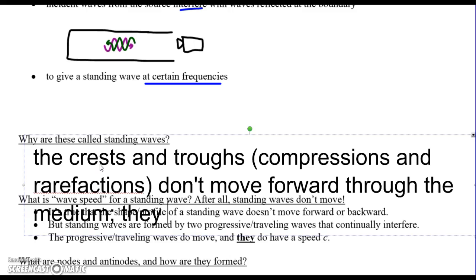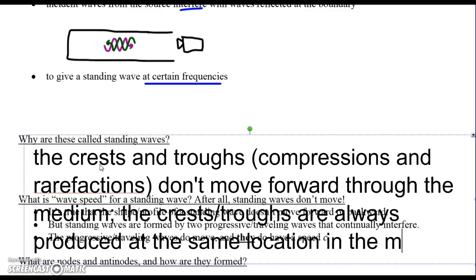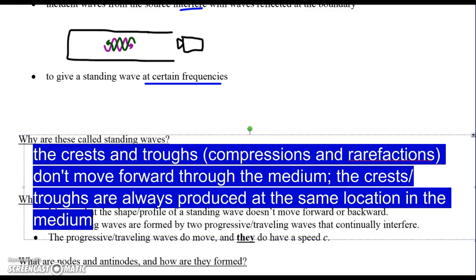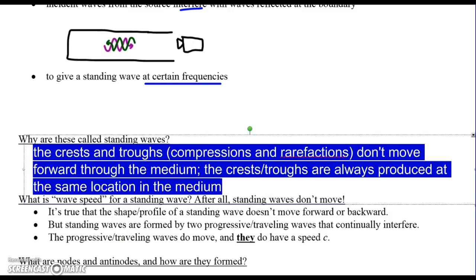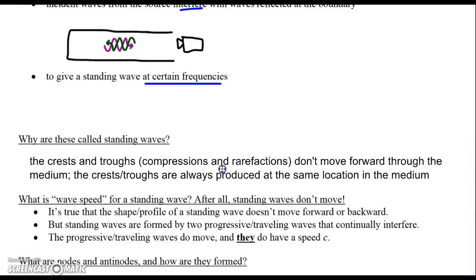The crests and troughs stay at the same spot, or are always produced at the same location in the medium. Let's make this reasonably sized. There it is. The crests and troughs, or compressions and rarefactions, don't move forward through the medium. They always are produced at the same location.